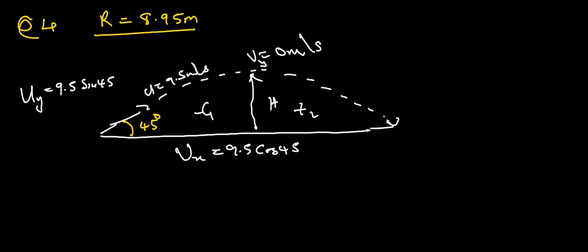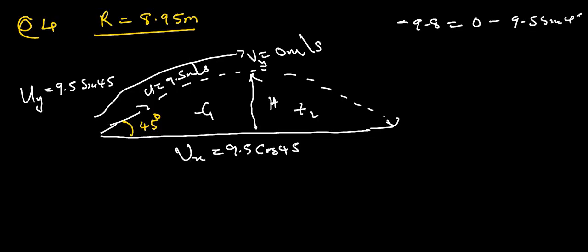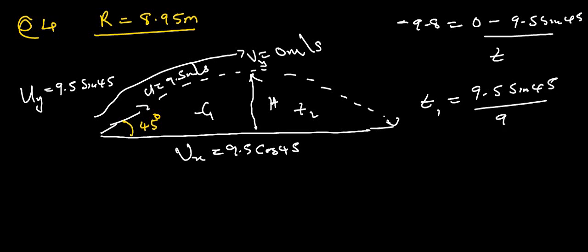So here the gravity is negative 9.8 because we're going up from here to here. We want to get the time. The final velocity there is 0. The initial velocity is 9.5 sine 45, divided by the time. We don't know the time, so it's going to be T1. You can cancel the negatives: 9.5 sine 45 over gravity in Tokyo, which is 9.8.